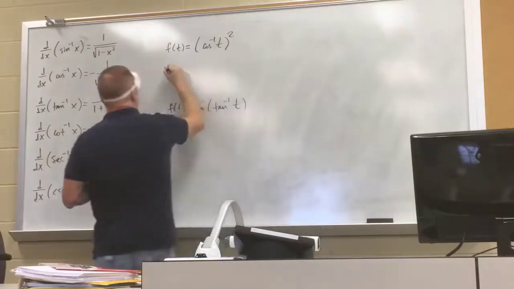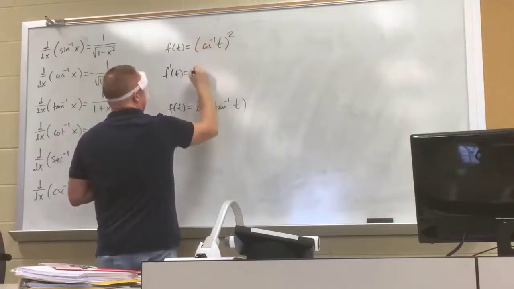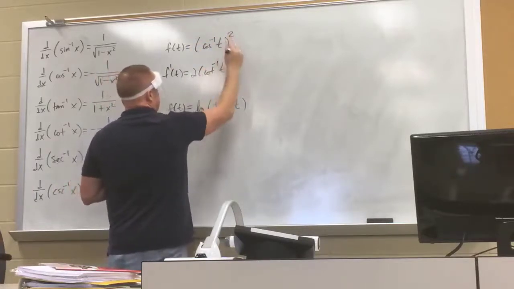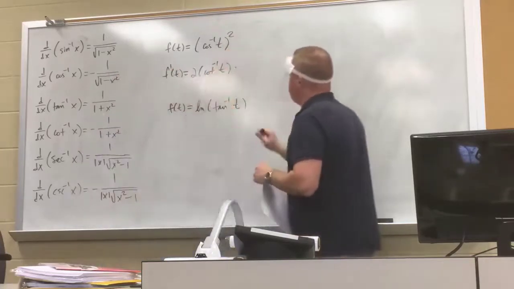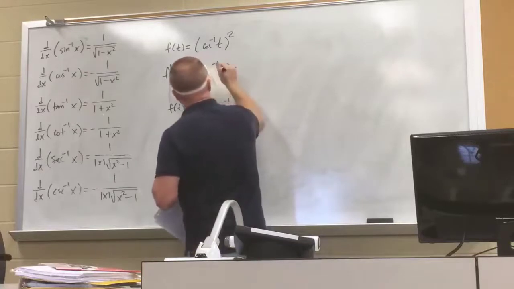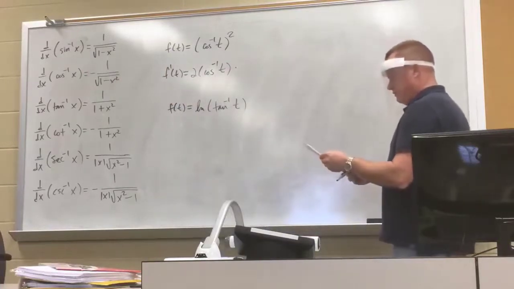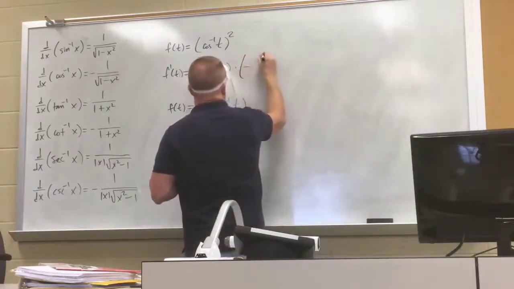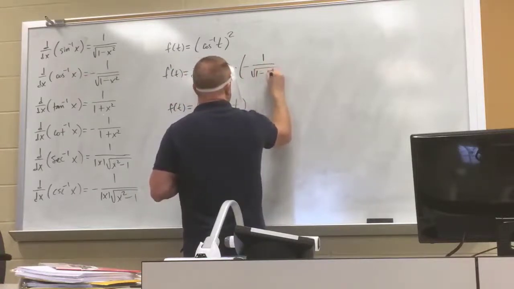All right, so power rule, I'll say 2 times that. Subtract 1 from the exponent and I get 1. Multiply by the derivative of the inside, the derivative of inverse cosine, which is negative 1 over square root of 1 minus t squared.